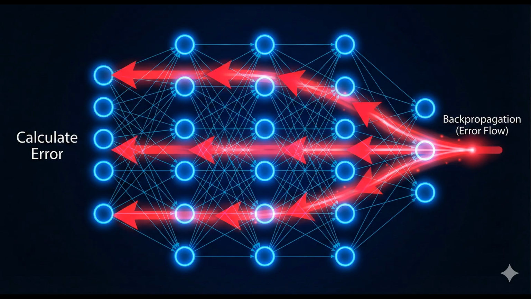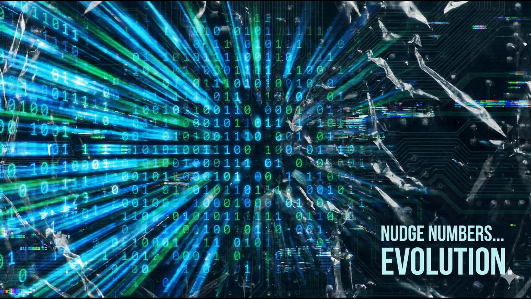Maybe we increase a value by 0.001 or decrease another by 0.005. We do this millions of times across thousands of images. Over time, those random numbers evolve. They organize themselves into perfect edge detectors, perfect texture analyzers, and perfect shape recognizers. The network literally learns how to see the defects by minimizing the penalty of being wrong.